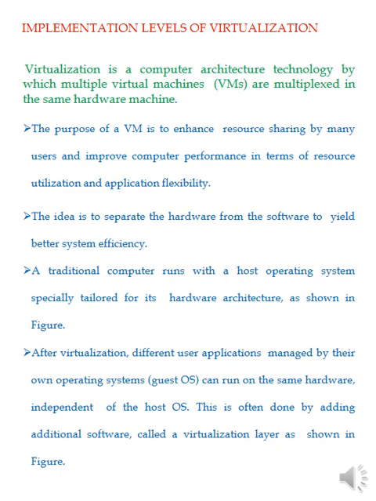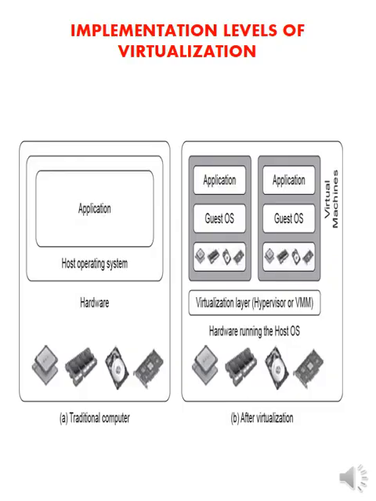This is often done by adding additional software called the virtualization layer, shown in the diagram. The traditional computer has hardware, host operating system and application, whereas after virtualization, the hardware is the same. You can have the virtualization layer, that is a hypervisor or virtual machine monitor, with the application as well as the guest OS along with the hardware.